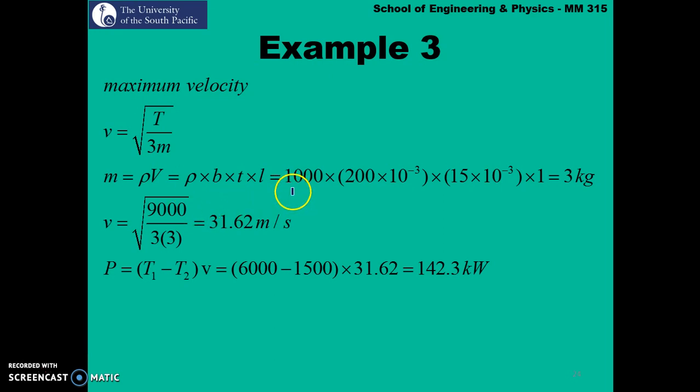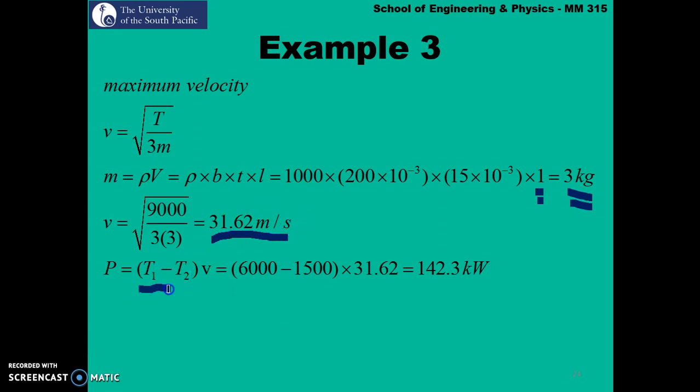So density was 1000, the width was given as 200 mm, converting it to meters, 15 mm, convert that to meters, and the length of the belt we take as 1. What we get is the mass of the belt to be 3 kg. Now we can substitute m into this formula. Your velocity is simply the square root of 9000 divided by 3 times 3, and we get our velocity for maximum power transmission condition to be 31.62 meters per second.